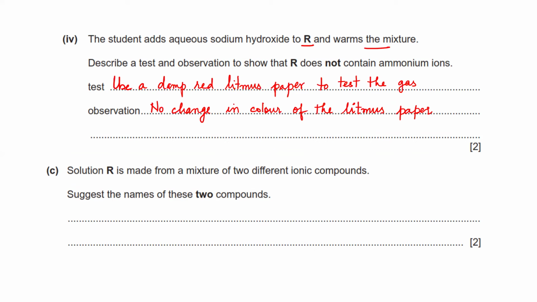Okay, then part C, solution R is made from a mixture of two ionic compounds. Suggest the names of these two compounds. So one of the compounds, it says sodium, that is Na. Also, there was presence of sulfate ions and there was presence of carbonate ions.